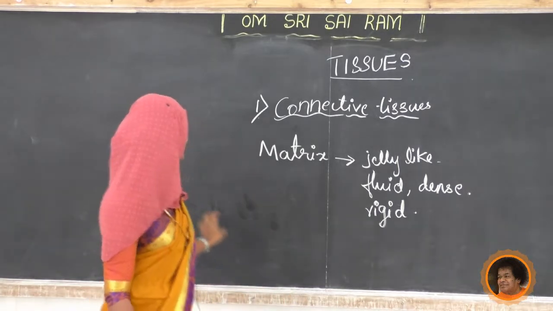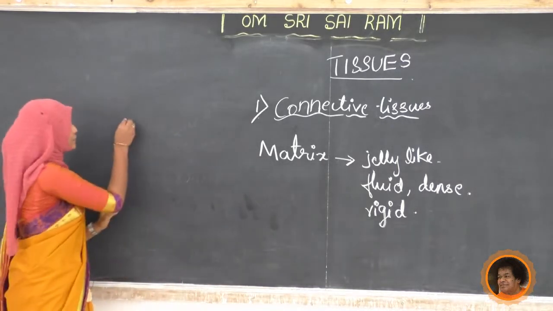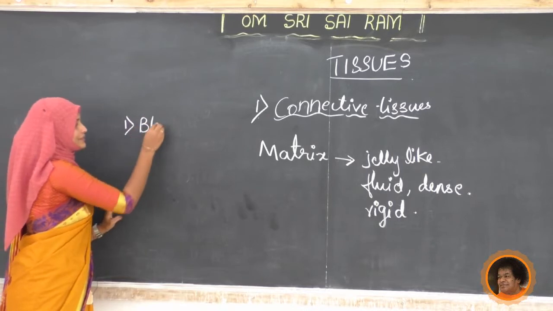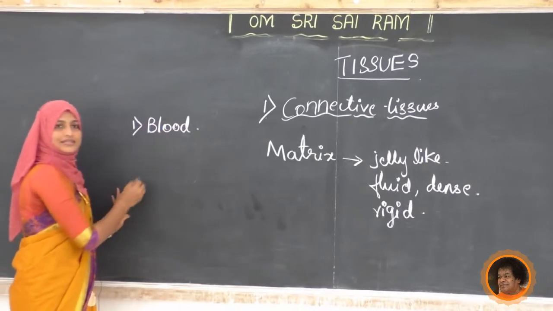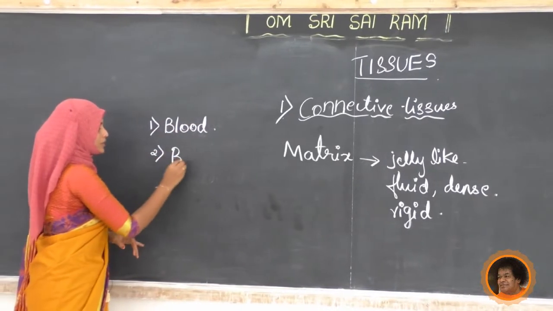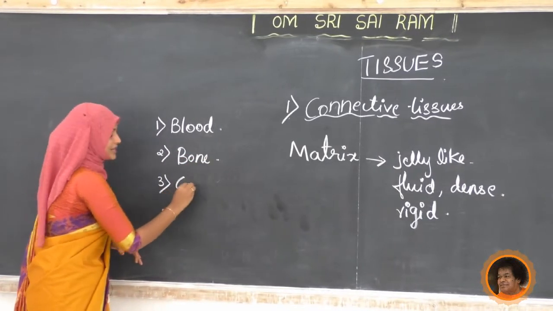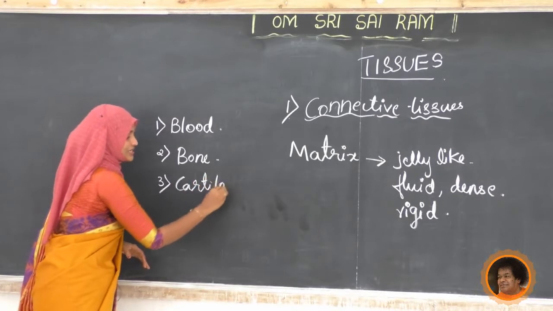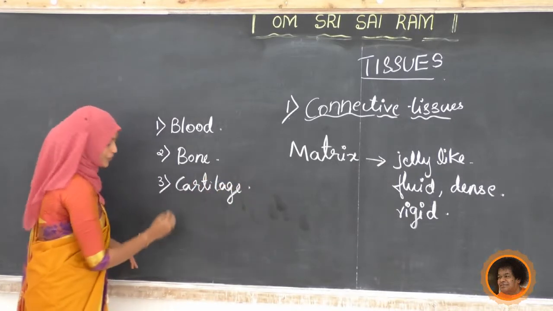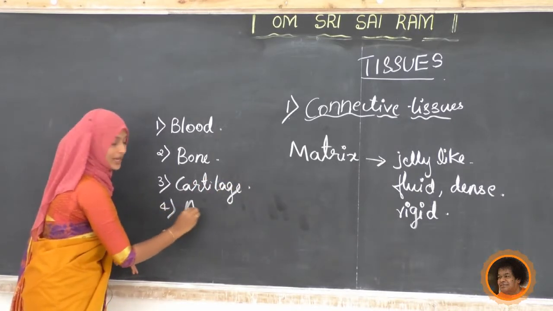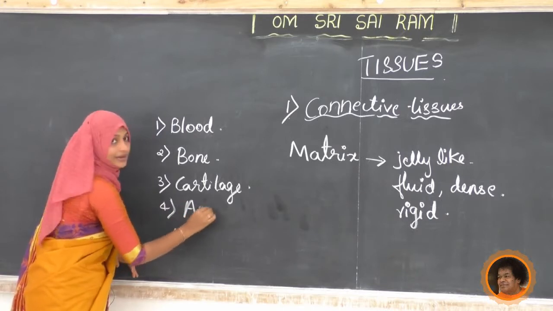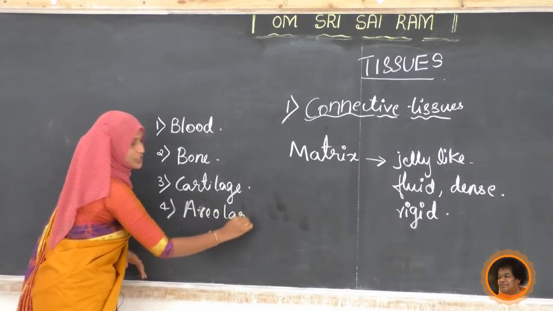I will write here. First one, blood. Second one, bone. Third one, cartilage. Fourth one, areolar connective tissue.